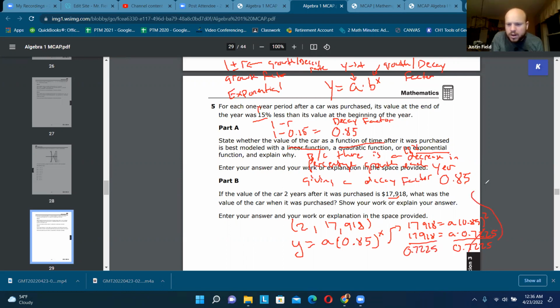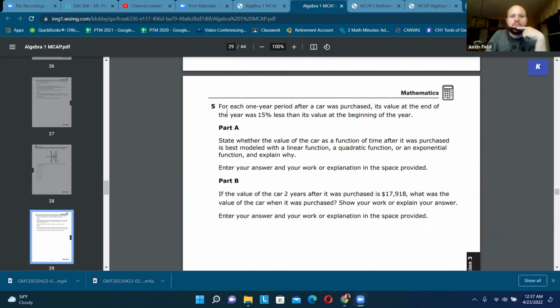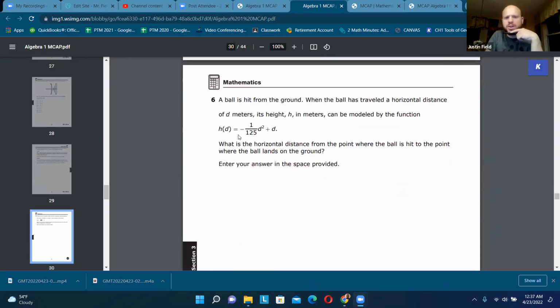Boom. And a equals 17,918 divided by 0.7225, which is 24,800. Ta-da! Look at that. Just a little bit of Algebra 1, and we've got our answer. A very interesting problem. This part 3 is going to trip some people up, but not you, because you're going to prepare, right?